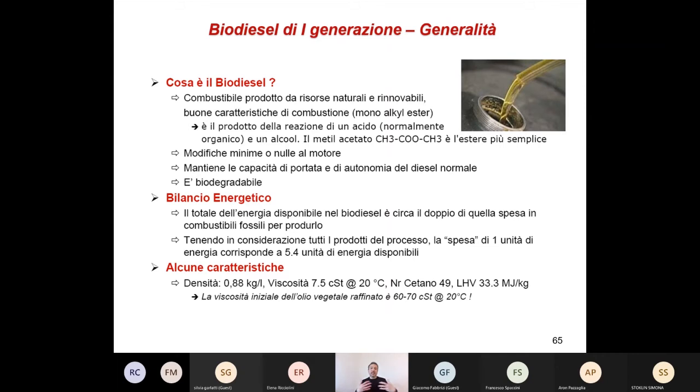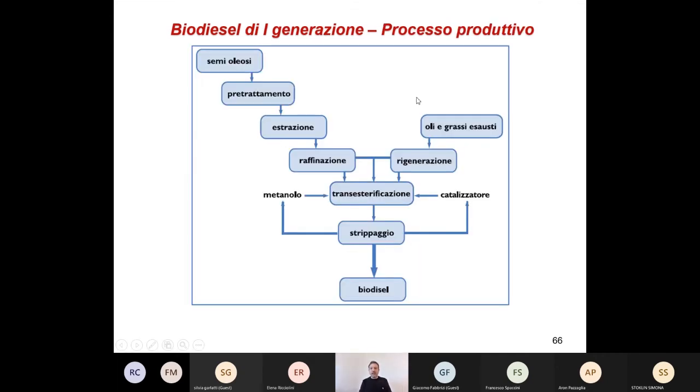So I changed the slide, so if you don't see the new slide, please let me know. But if you see, you can see the pathway of biodiesel production.